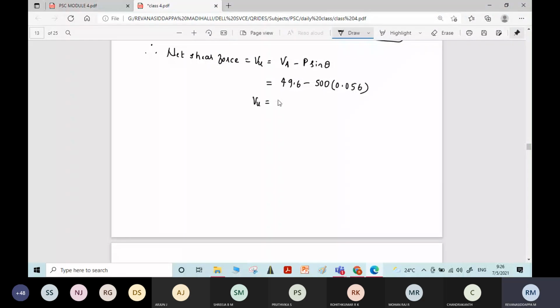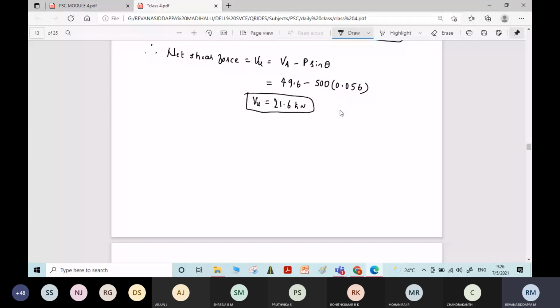Therefore, what is the net shear force at the support? Yes, 21.6 kilonewton.